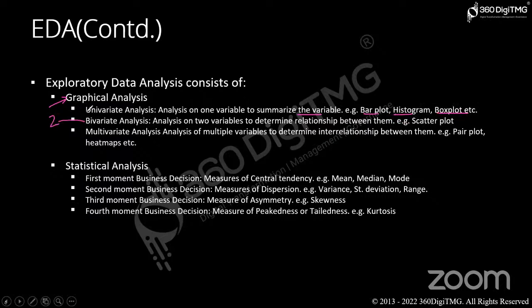Bivariate means 2, uni means 1. Bivariate analysis on two variables to determine the relationship between them, like a scatter plot. And if we have multivariate, meaning multiple variables, to determine interrelation between them, use a pair plot, heat map, and so on and so forth. That is multivariate analysis.